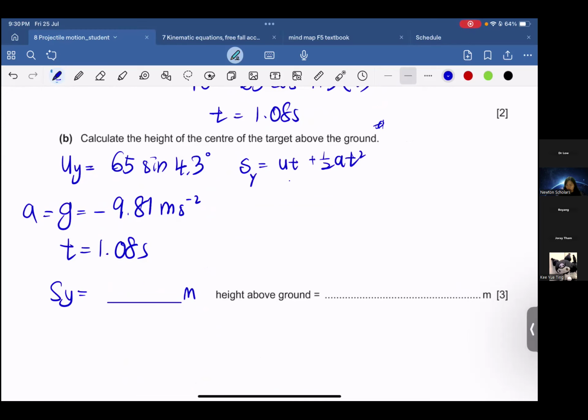So now we're talking about the Y-axis. Your SY we don't know. UY is 65 sine 4.3 times the time, which is 1.08. This one you calculated in question A. Plus 1 over 2 times A, which is negative 9.81 because we projected upwards, against gravity. So the time is 1.08 squared. You calculate what is this?